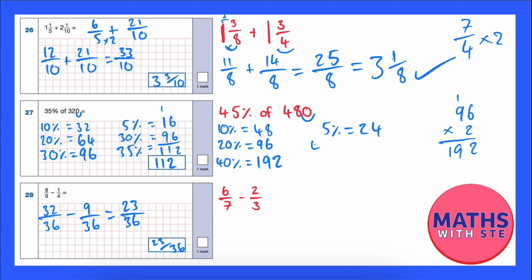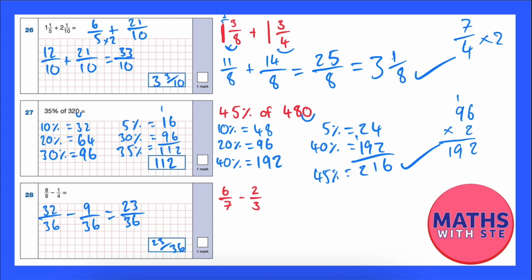And then I just add that to my 40%, which is 192. And if I add this up, I've got 4 add 2 is 6. And 2 add 9 is 11. And 1 add 1 is 2. And that gives me 45%, which is 216.